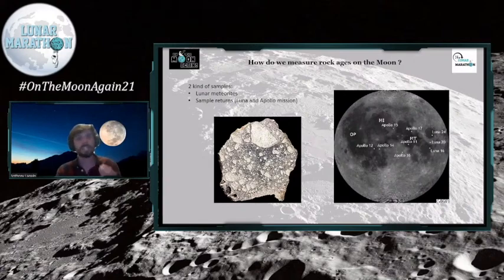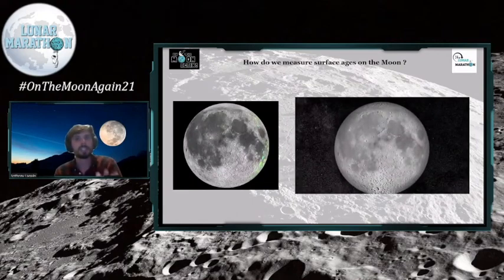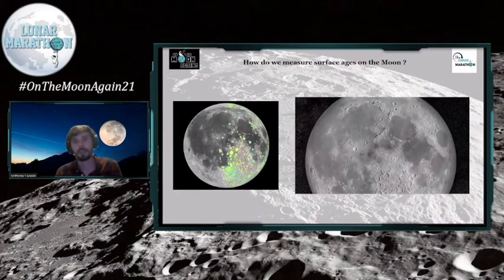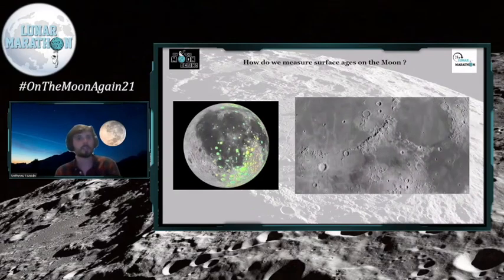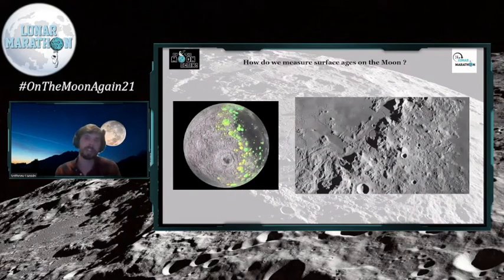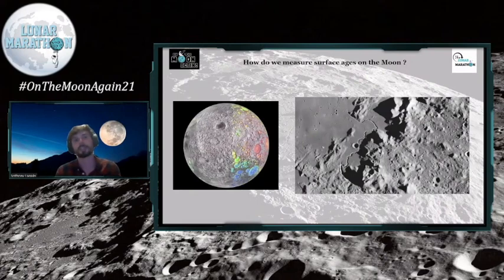So how can we get temporal information about features we do not have samples of? And we do that by using impact craters. So in this video, you can see all craters greater than 1 kilometer in diameter on the surface of the moon. And the colors represent the elevation of the surface, with blue for low elevation areas and red for high elevation areas.